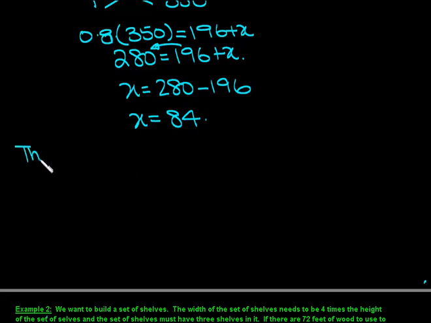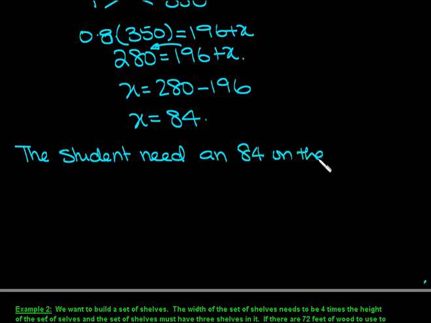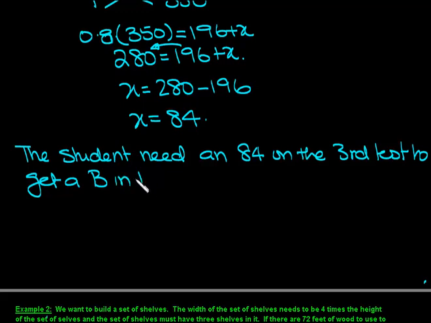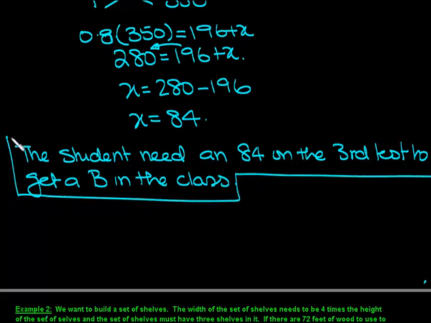So the student needs an 84 on the third test to get a B in the class. Okay, so that's what the student needs.